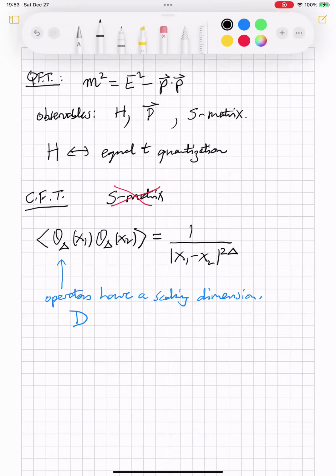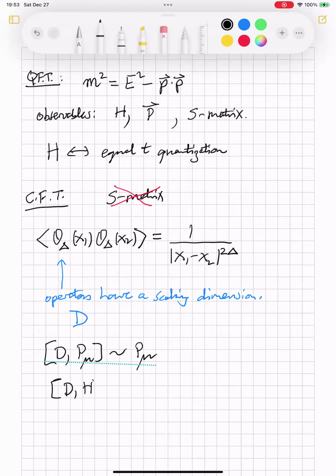Well, one of the things that you will remember is that we calculated the commutator between D and P mu, and I don't remember the signs and so on, but this came out proportional to P mu. There's maybe an i, a plus i or a minus i, I don't remember.